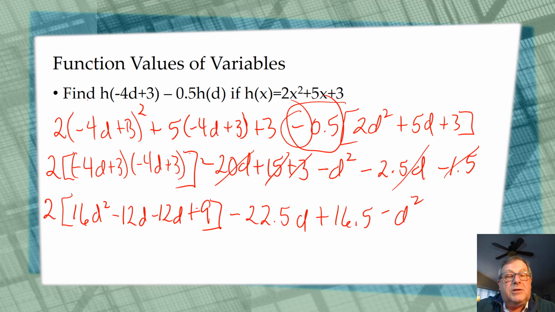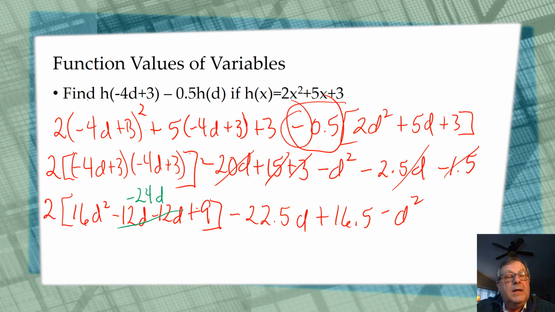All right, now let's distribute the 2 to the 16d squared. And this is negative 24d. I could combine that, negative 24d. All right, are we ready?